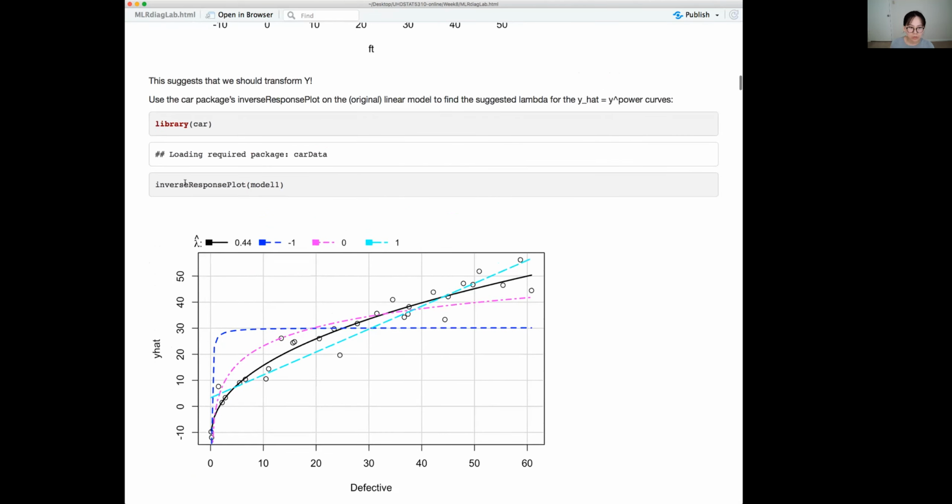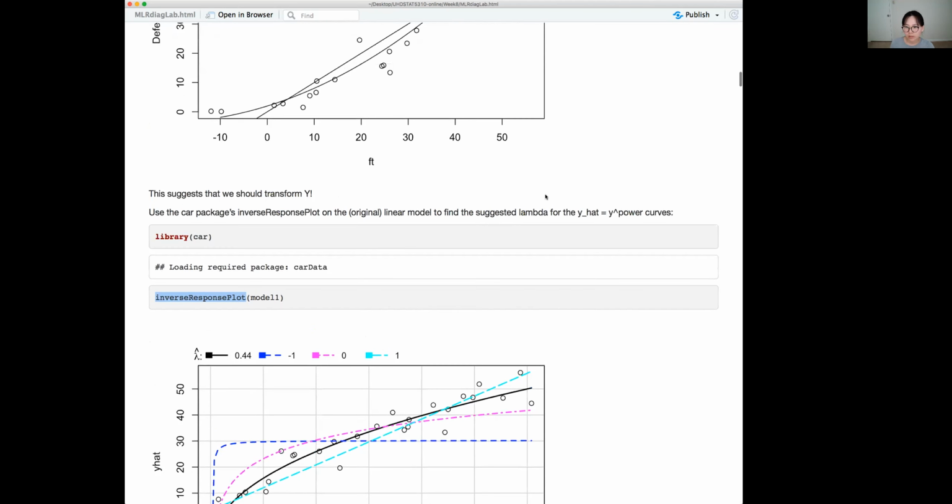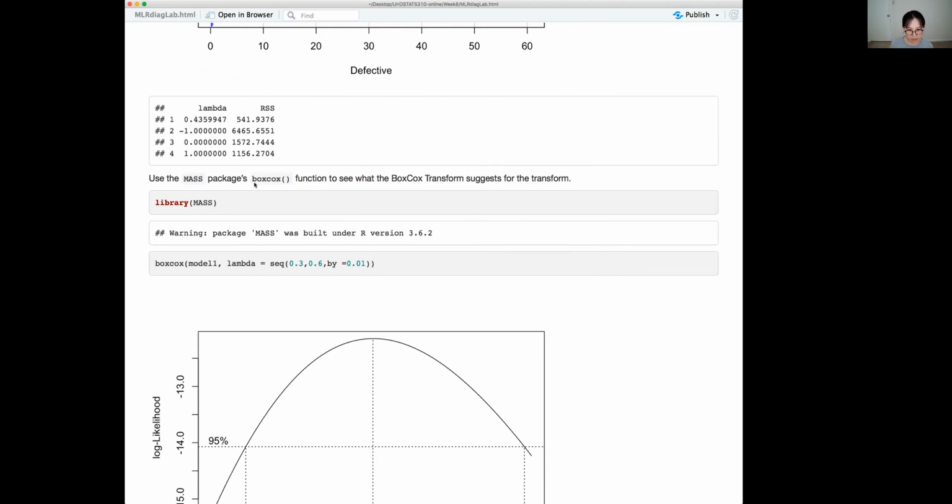So this is how you use this inverse response plot to get this y to the power of lambda hat. And if we look at the Box-Cox function to see what transformation it suggests, the Box-Cox function is from the MASS library, and this is how we do Box-Cox.